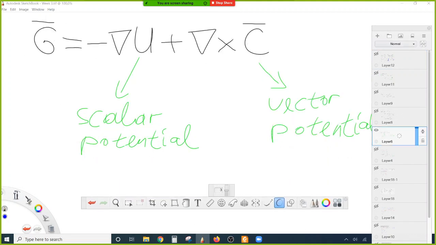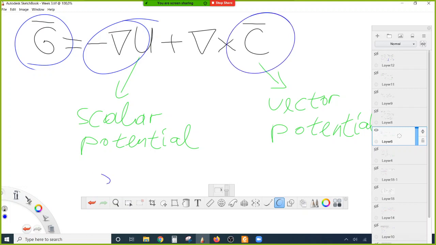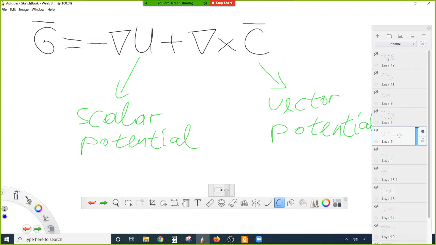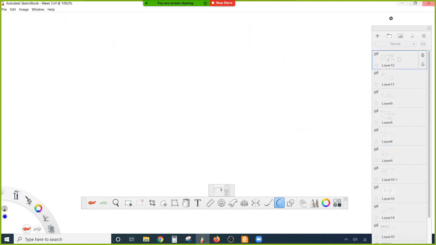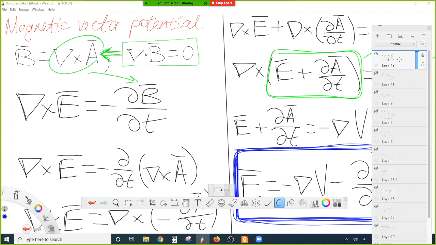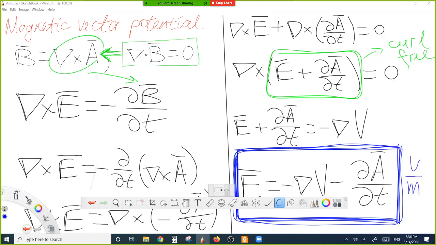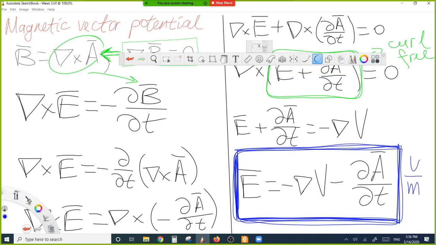If we are given a generic vector field, we need a scalar potential and a vector potential in order to describe our vector field fully. Here we have a scalar potential and a vector potential which describe our vector field completely.